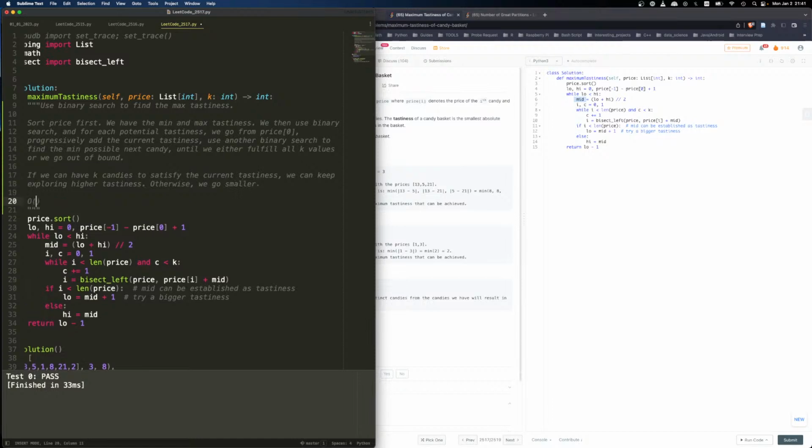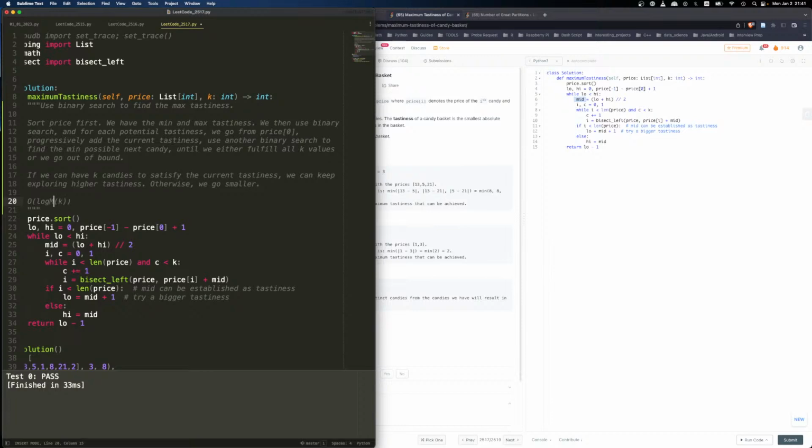So, prices, we're going to call the prices n. So it'll be log n multiplied by, within is going to be k.